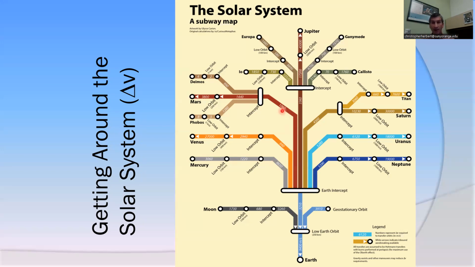Hope to send people there someday. But in addition to about 10,000 meters per second, or 10 kilometers per second, to get to low Earth orbit, another 3 to get to the Earth intercept orbit, another 1 kilometer per second to intercept Mars's orbit, and then another, probably almost 2,000 to get to the surface of Mars.